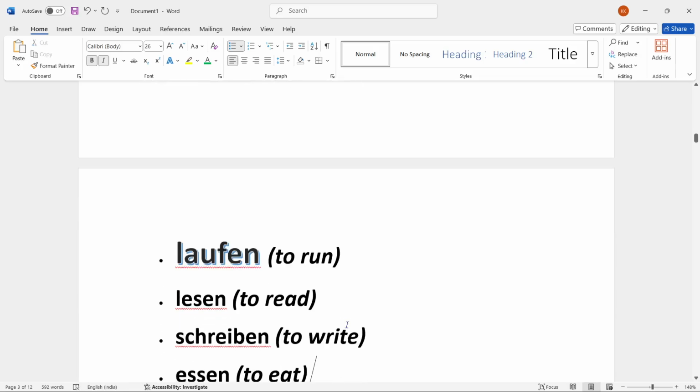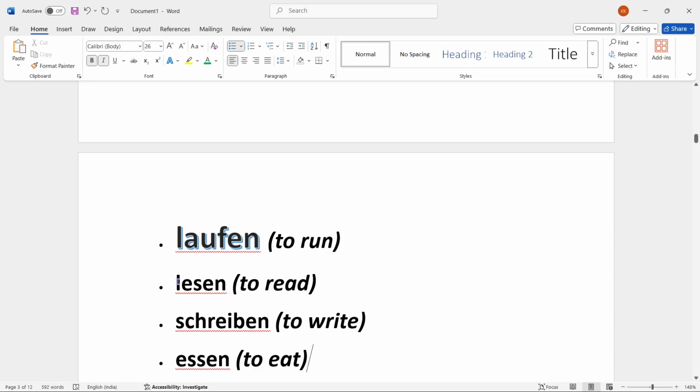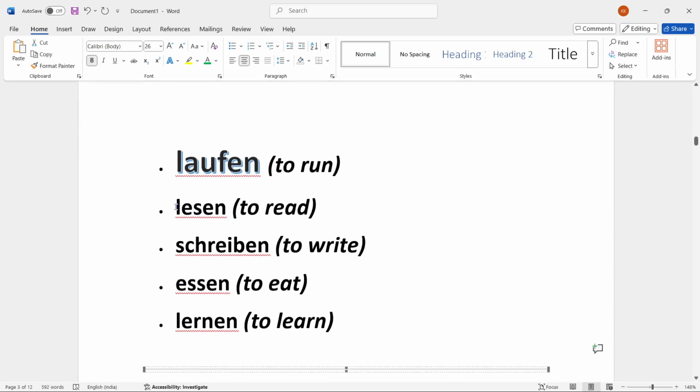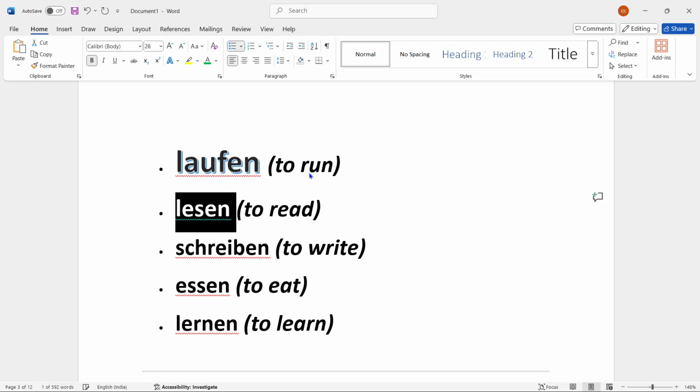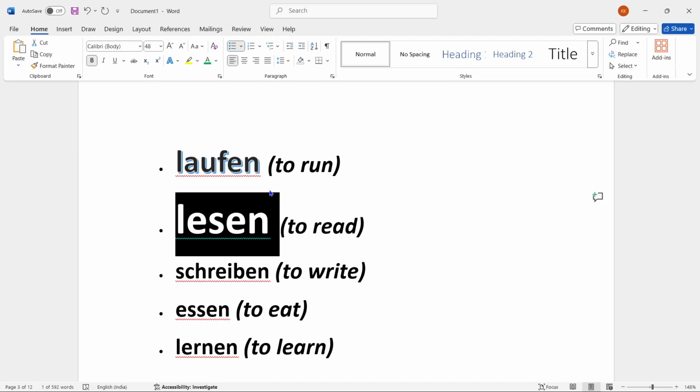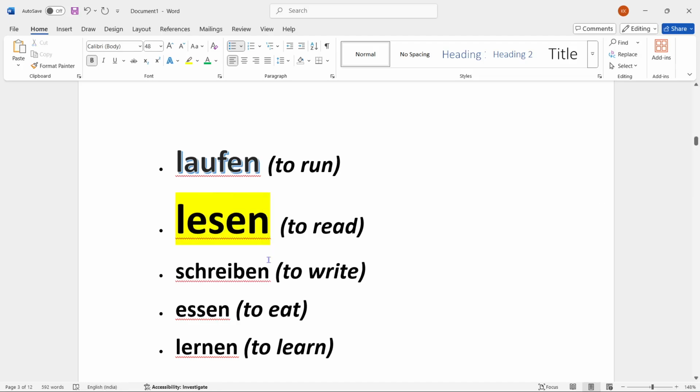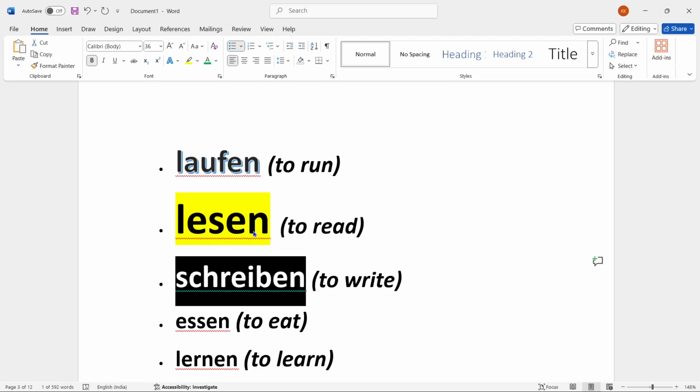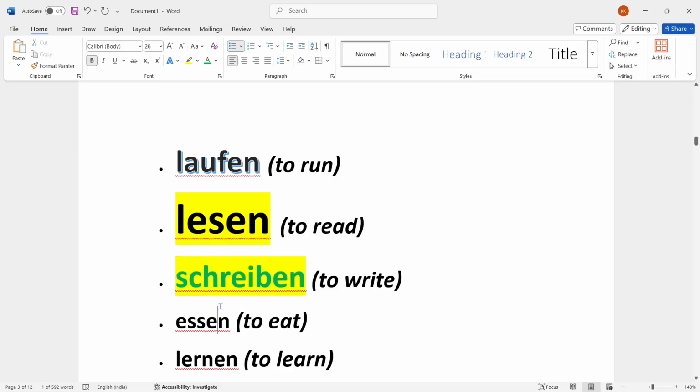Next, lesen. Yeah, there are so many verbs here. Lesen, it means to read. Schreiben, it means to write.